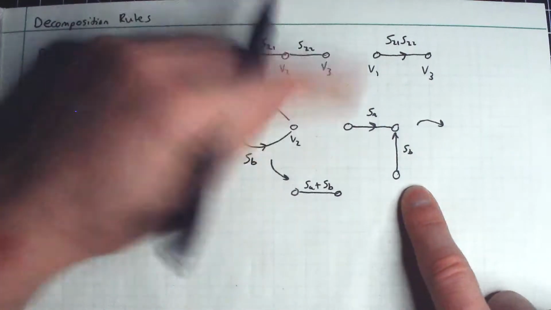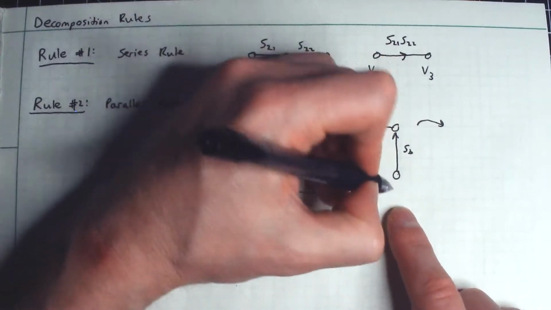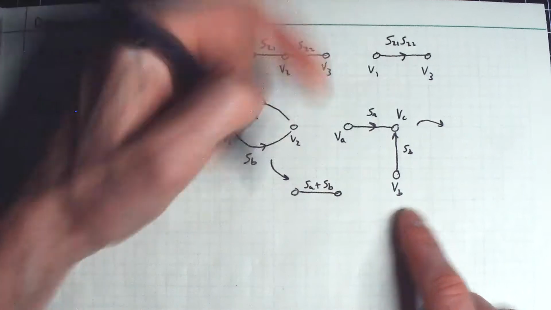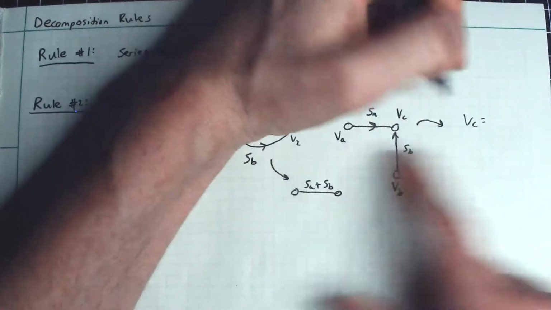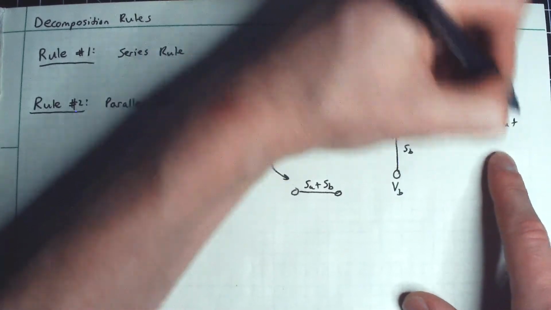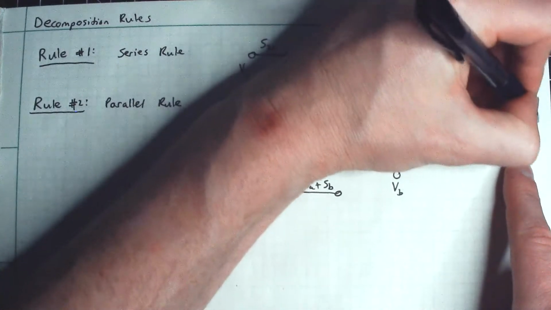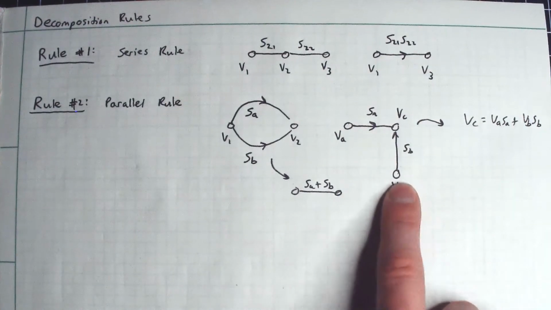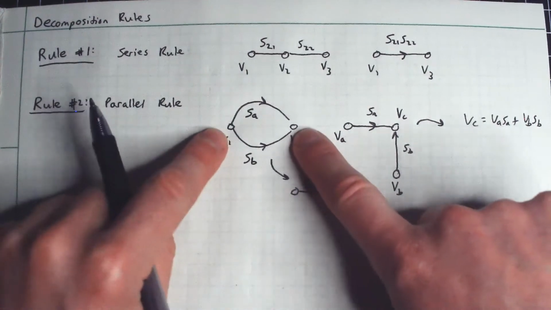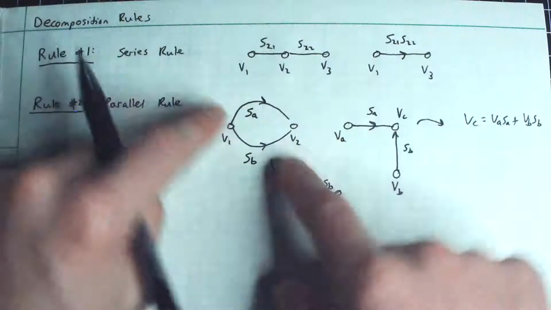In a situation like this, if I had VA, VB, and VC, you would have VC equal to VA times SA plus VB times SB. I don't think the book makes that explicitly clear, but if I have 2 in parallel, it's just 2 signals and they add together.